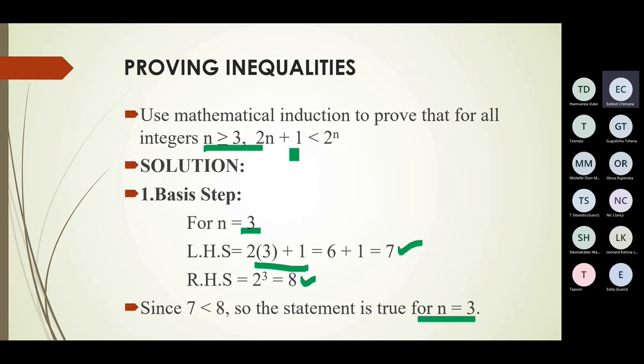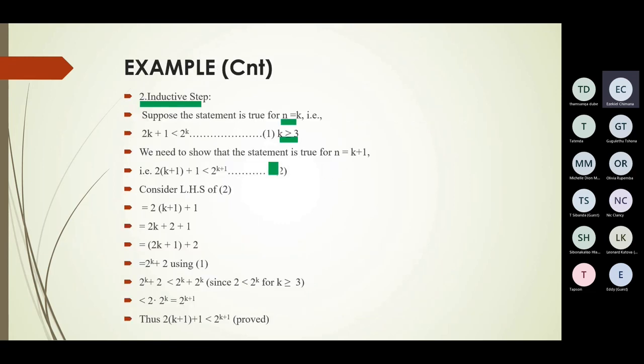So here, team, what we've actually done is to replace this n by k and replace this n by k. So we need to show that the statement is true for n equal to k plus 1.